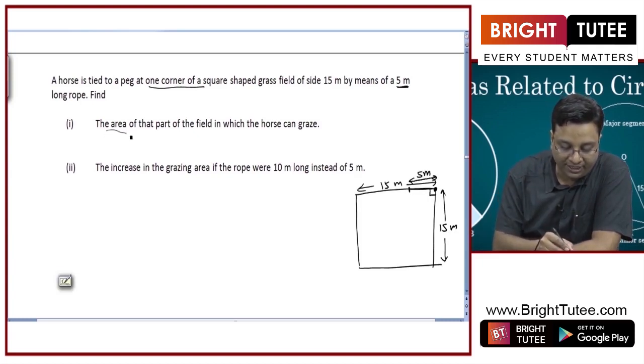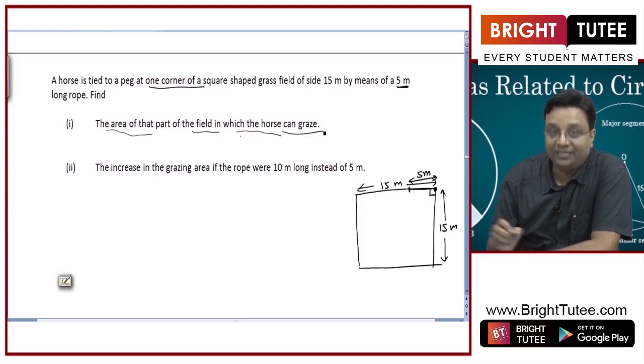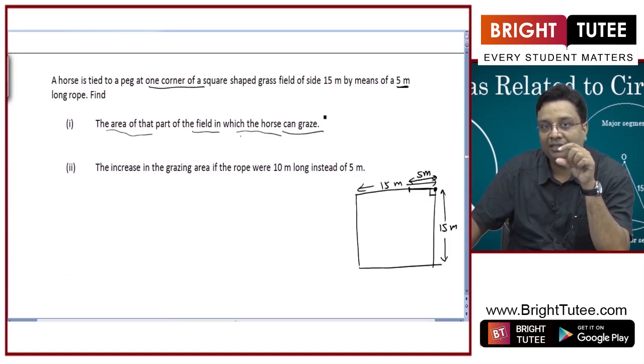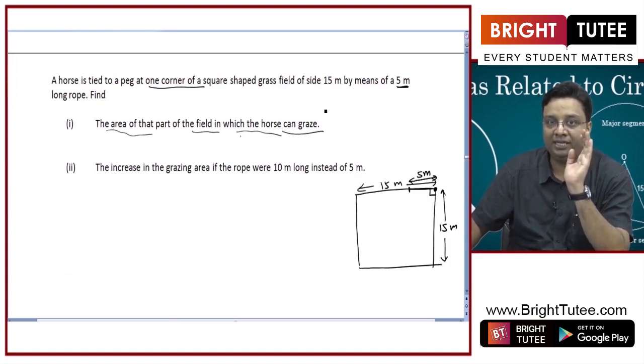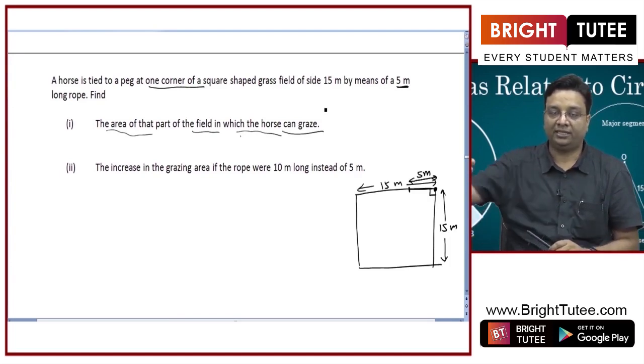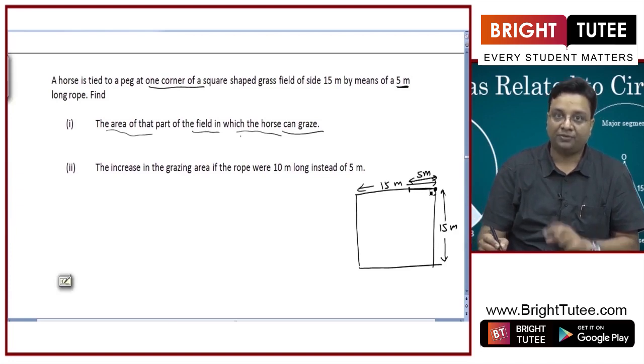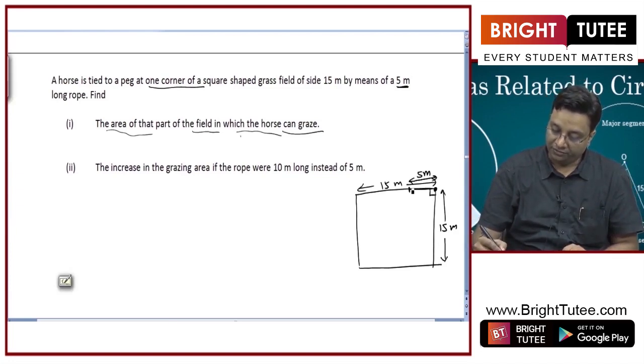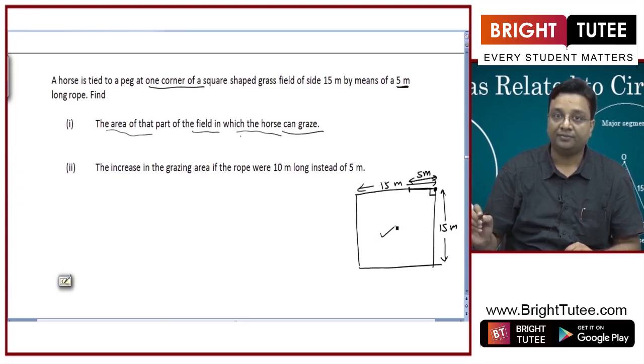Now we need to find the area of that part of the field in which the horse can graze. By saying the horse can graze, it means the maximum area is to be calculated, right? So horse can graze up to the maximum area possible. So if the rope is 5 meters long, if horse starts moving in this area, this is the area, right?